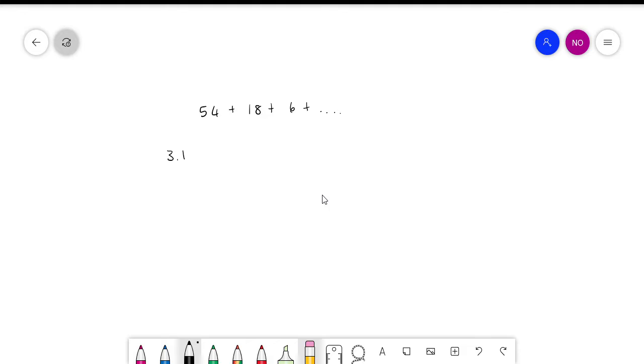Did you guys find for 3.1 Tn is equal to 54 times a third to the power of n minus 1? Good. Good. And then they say, oh, guys, remember to study your formulas.